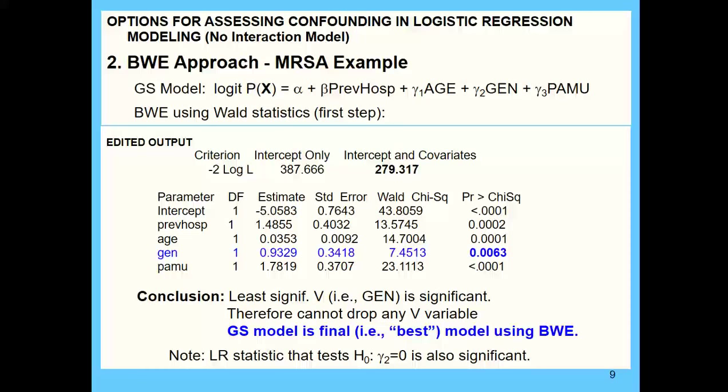But if you do the likelihood ratio test for all three of these, given the rest in the model, you will find that the least significant one is again for gender, and it's also significant. So whether you do the Wald test or the likelihood ratio test, you can't drop the gender variable.